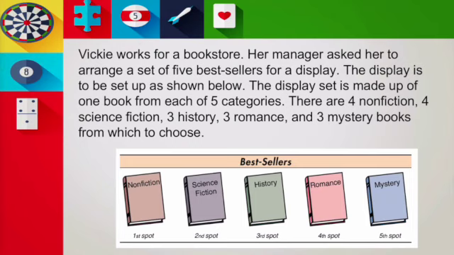So, nonfiction, science fiction, history, romance, and mystery. So we're not deciding the order here. We're just deciding how many of each of them. So she's got 4 nonfiction books and 4 science fiction books, and 3 history, 3 romance, and 3 mystery.